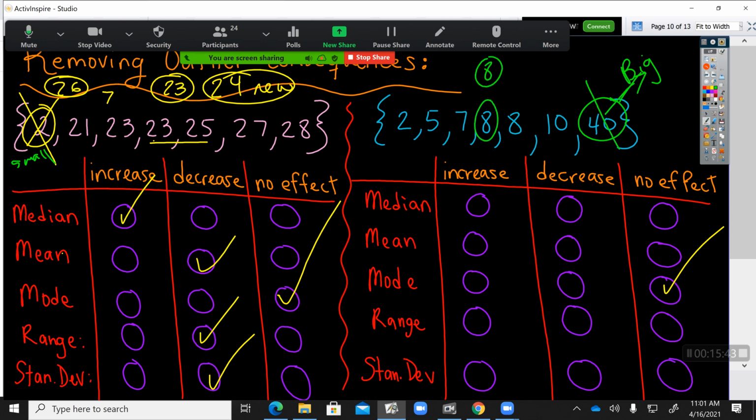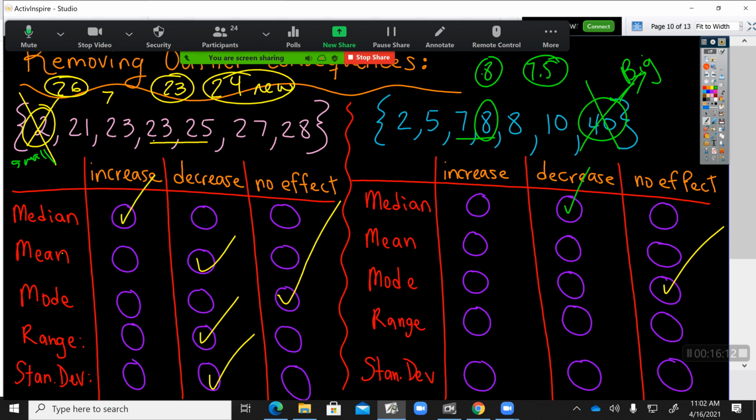But if I remove this outlier, now the number in the middle is 7 and 8, which would be 7.5. Did the median increase or decrease? The median went from 8 to 7.5, so the median decreased. So small outliers removed, increased the median. Big outliers removed, decreased the median.